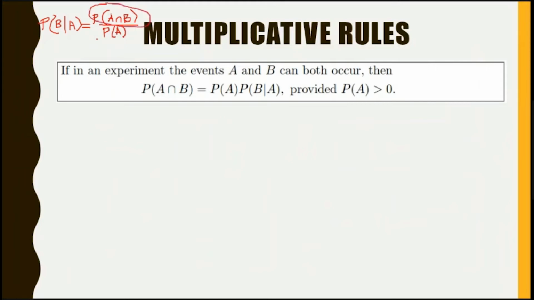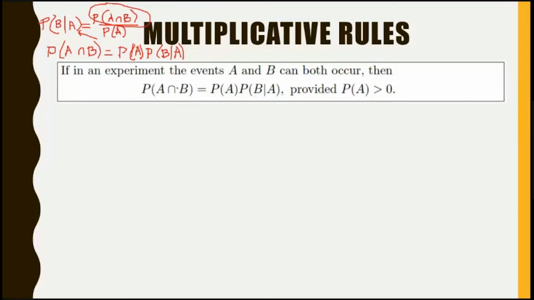So we will cross multiply this so that what would be left on one side is the probability of the intersection of A and B, and on the other side would be the probability of A multiplied by the probability of B given A, provided that the probability of A is greater than 0.